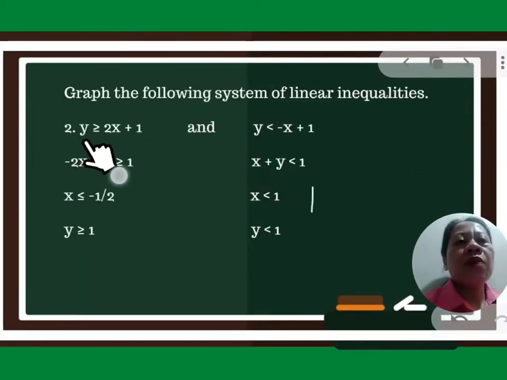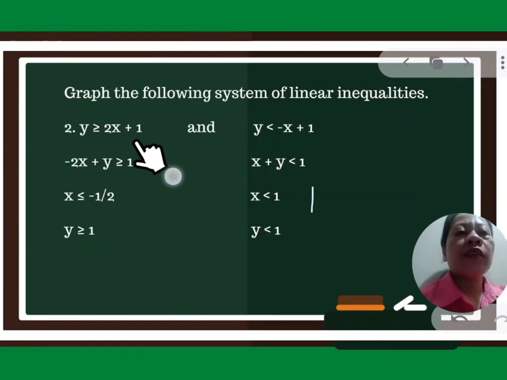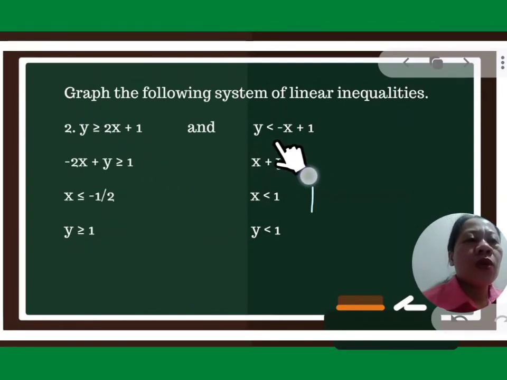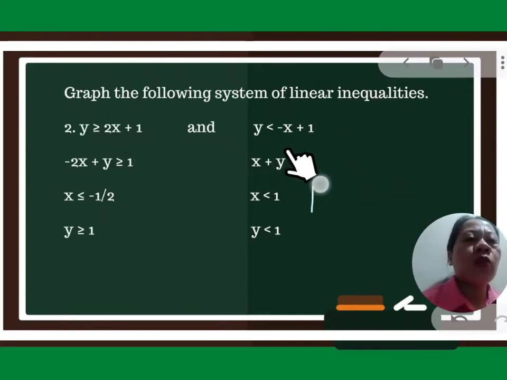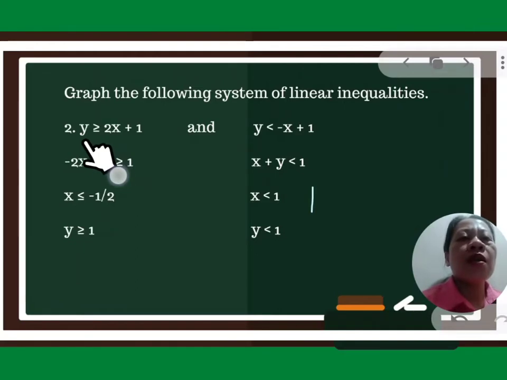So number 2, we have y is greater than or equal to 2x plus 1 and y is less than x plus 1. Okay. So pareha silang naka-slope-intercept form. So nakikita na natin kaagad dito yung y-intercept. So y-intercept sa unang inequality ay y is greater than or equal to positive 1. So we have this one.